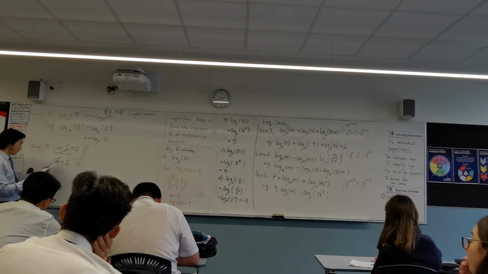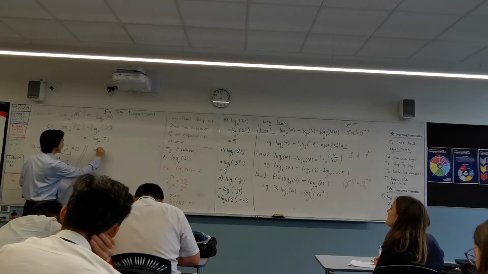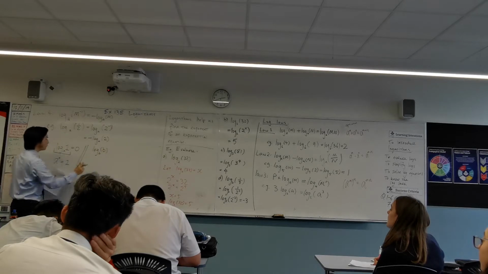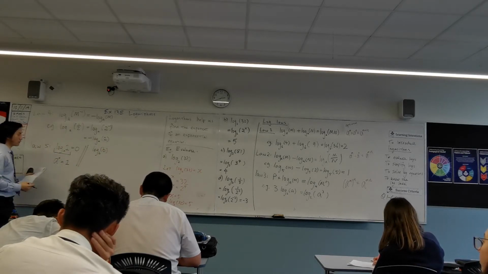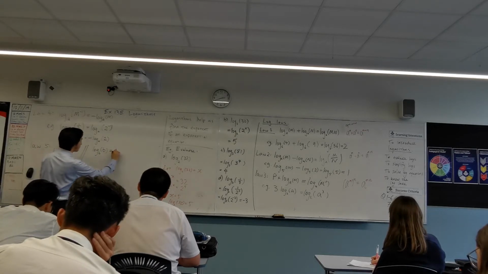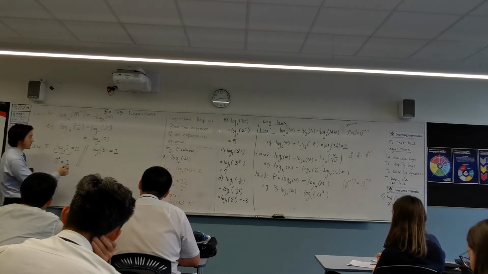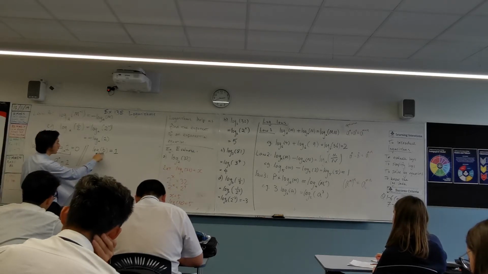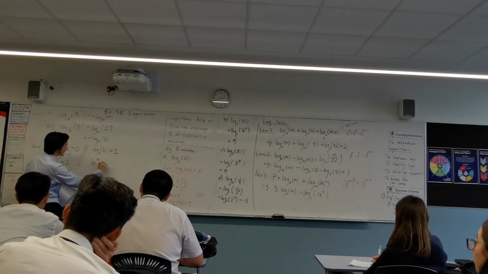The other part of law 5 is that the log of any base to itself is always equal to 1. And the reason is, if you change this into index notation, b to the power of 1 is always b.